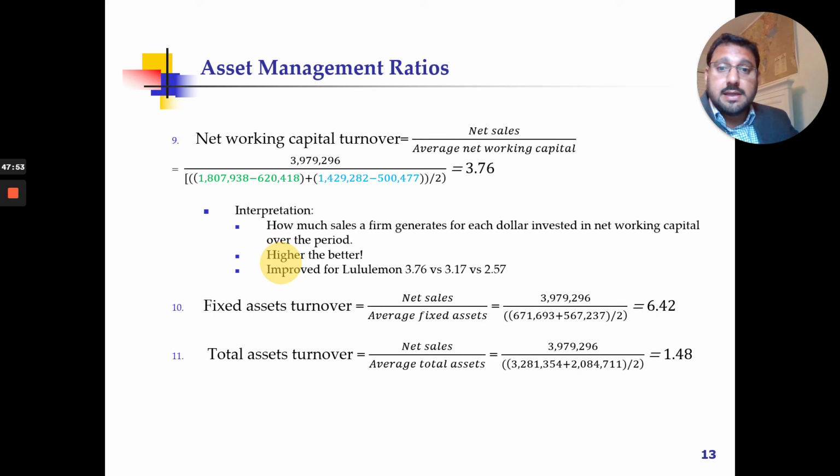And we can see it has improved for Lululemon. This year it's 3.76 compared to the previous year, which was 3.17, compared to the previous year in fiscal year 2017, which was 2.57. For some industries, for some firms, for example, airline firms, the net working capital is not a big number.